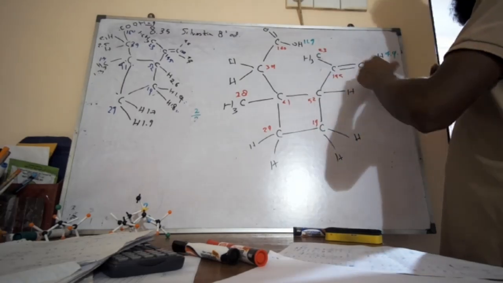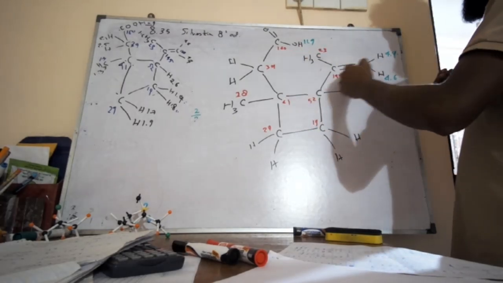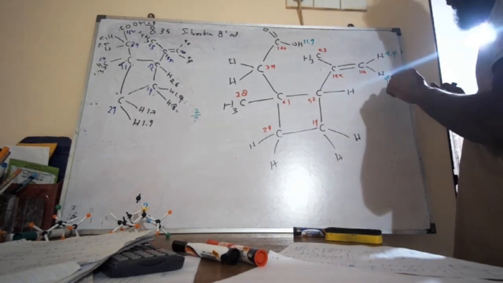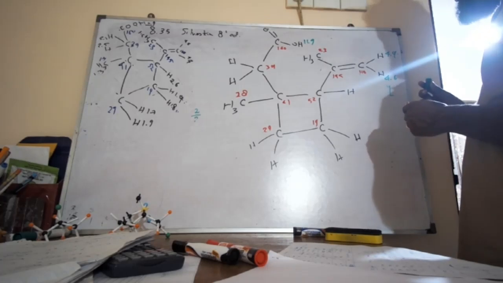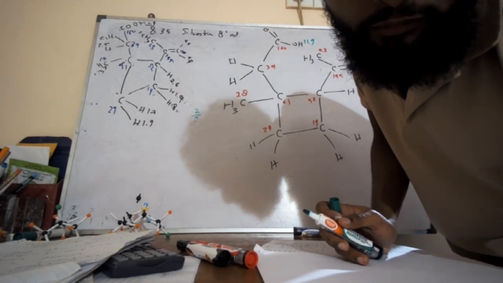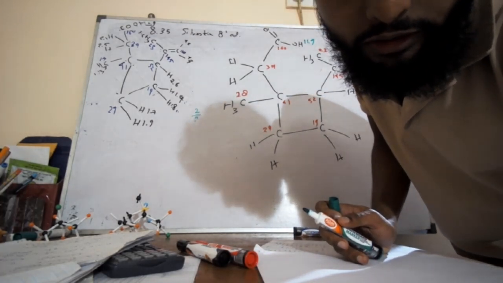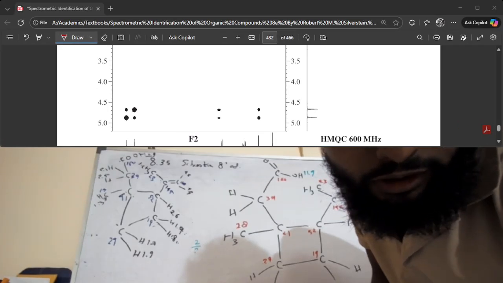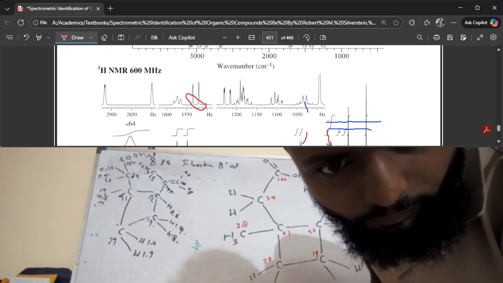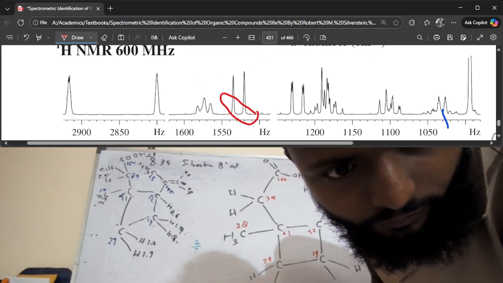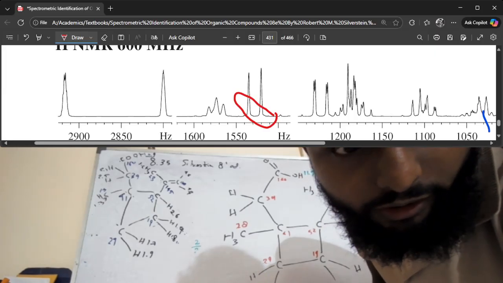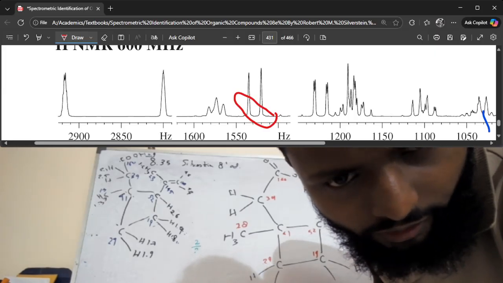Whereas this one, if this coupling was strong, then that would have led to a quartet, right? But if you look at the signal, the HNMR signal, which we are going to do now, we can see that the 4.9 is kind of like a quartet.